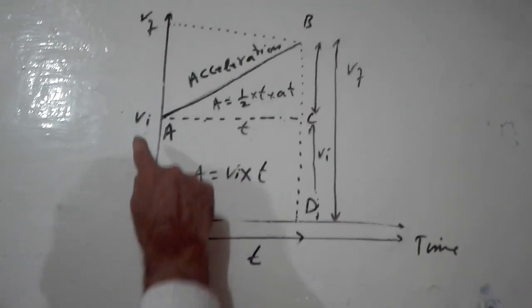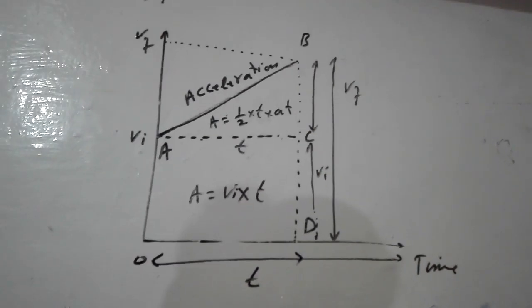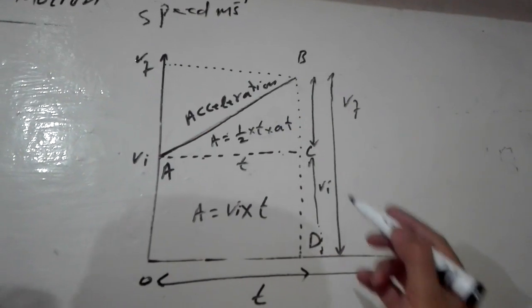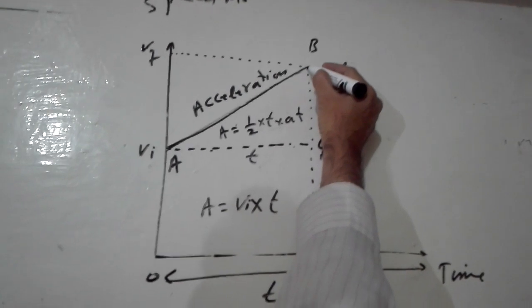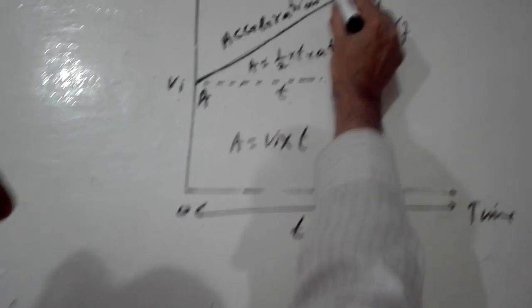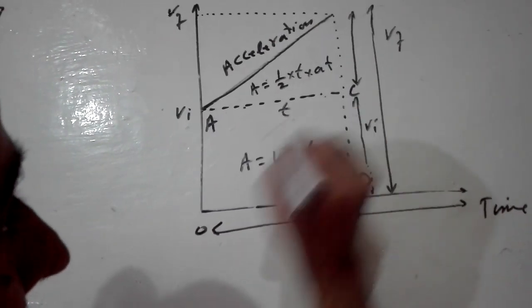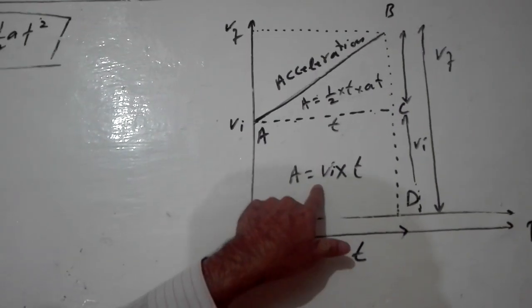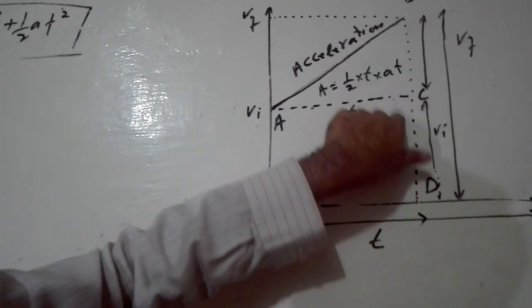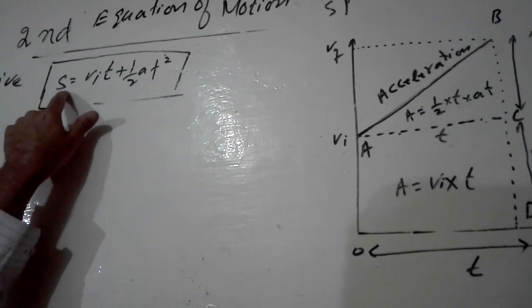So I have divided this curve into two parts. This is the straight line, the uniform motion of the body. If I draw the perpendicular on this, I will get this right angle triangle, and the second figure is the rectangle. So these are two figures. When I add the areas of these two figures, I will get the required equation.